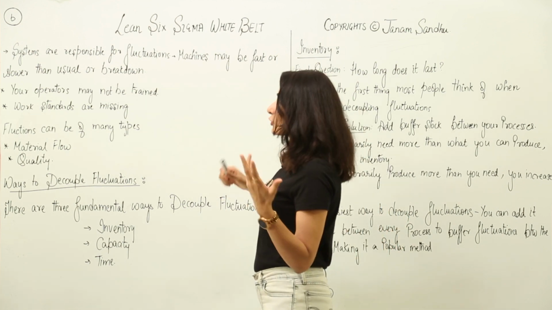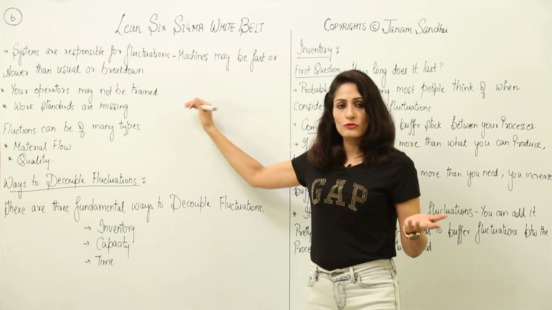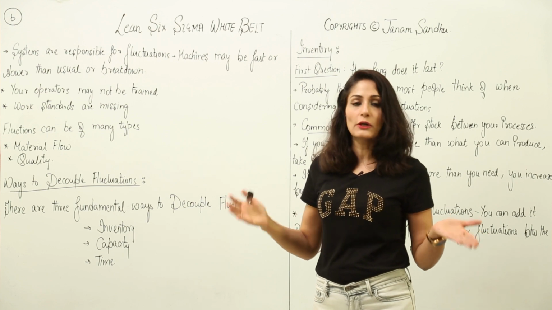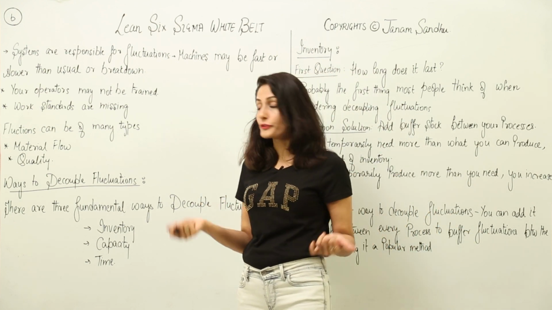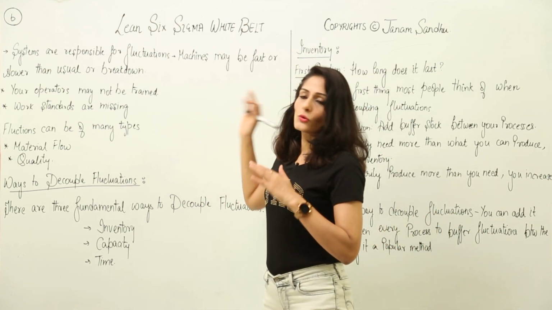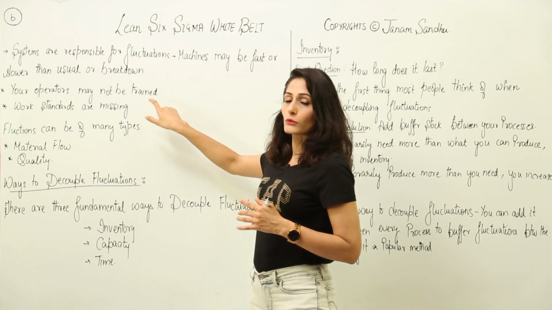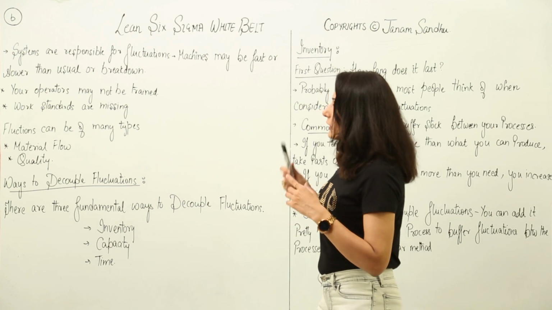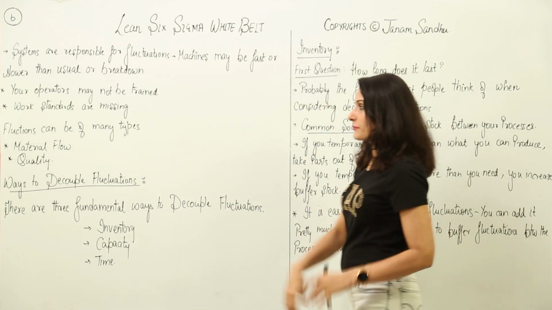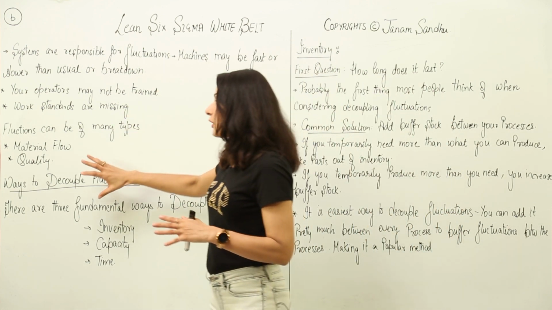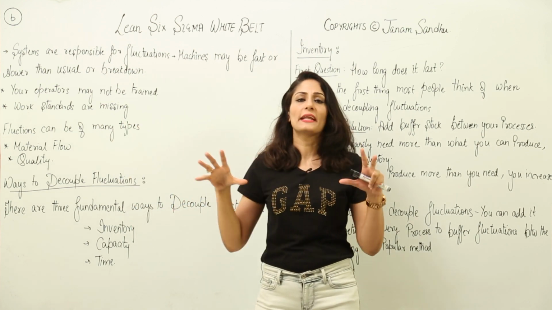Your operators may not be trained, so they don't know how to operate properly, or they may be off duty. There is no standardized work procedure, which is one of the things that causes a lot of fluctuation. Fluctuations can be of many types, like material flow, quality, profits, there are many, right?